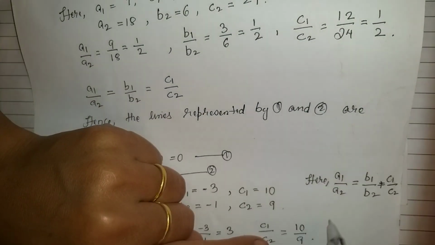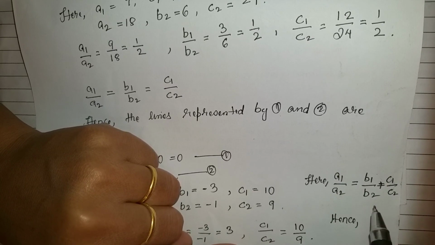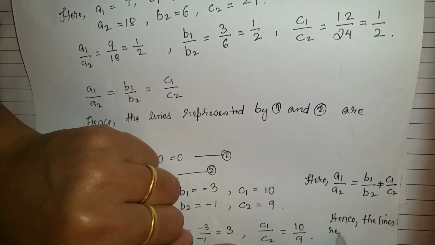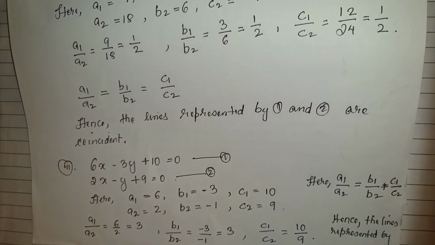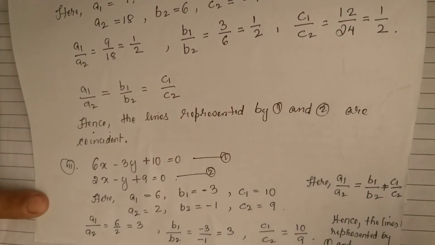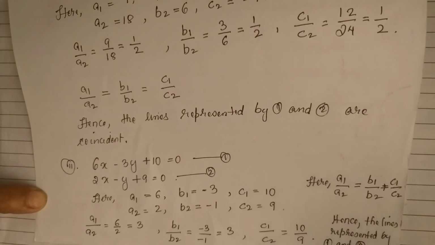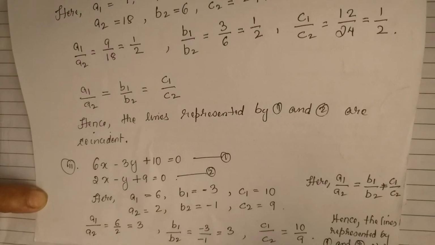Hence, we conclude the lines represented by 1 and 2 are parallel to each other.